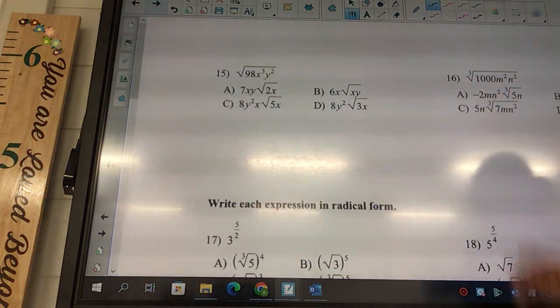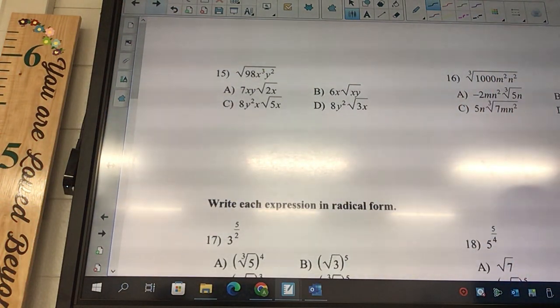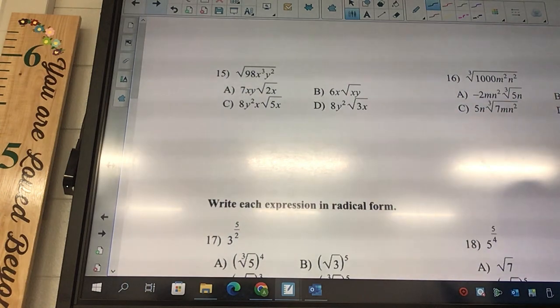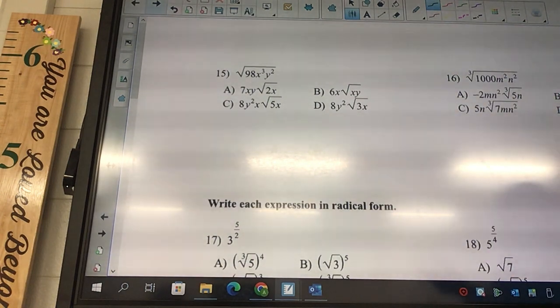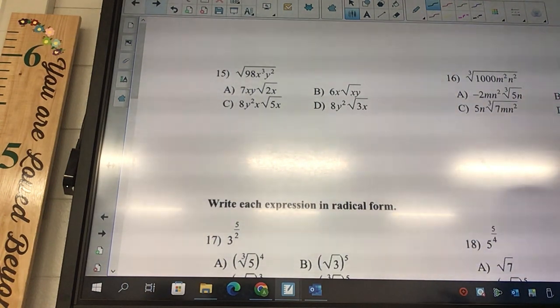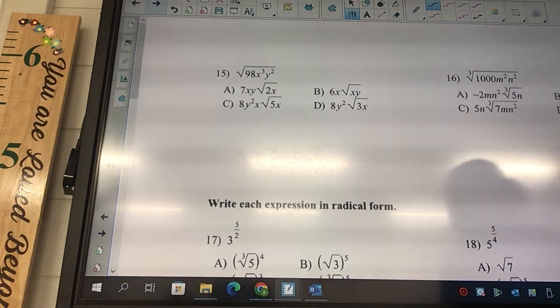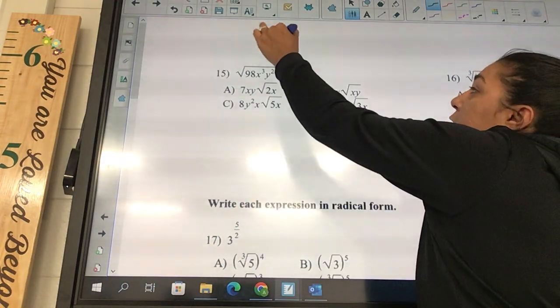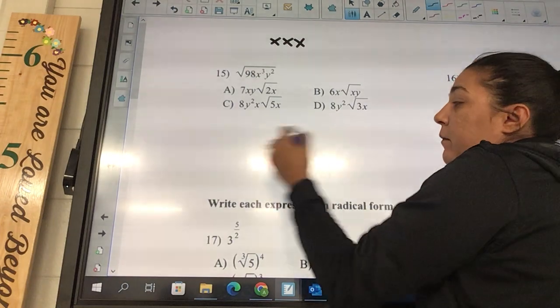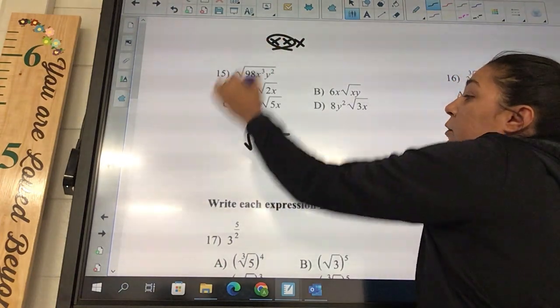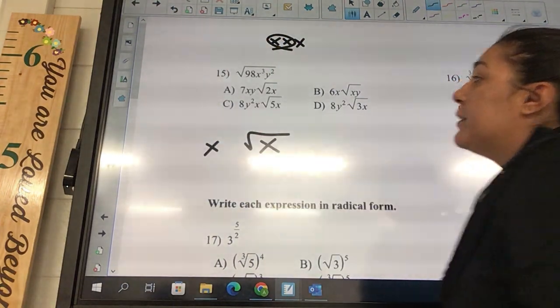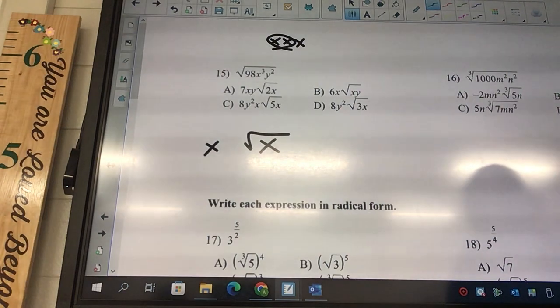Okay, when you're doing these ones, and again, this goes back to, I don't even like to use the word cheating, but start with the letters first, because those are 10 times easier. How many X's are there? 3. So how many of those can go? One group of 2. So you're going to get an X on the inside and an X on the outside. Okay, so what can you eliminate?